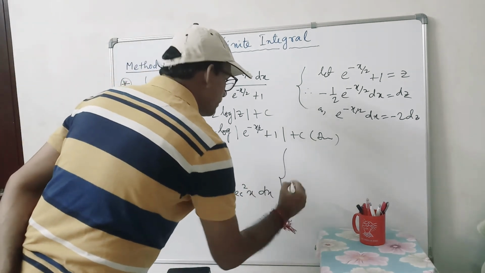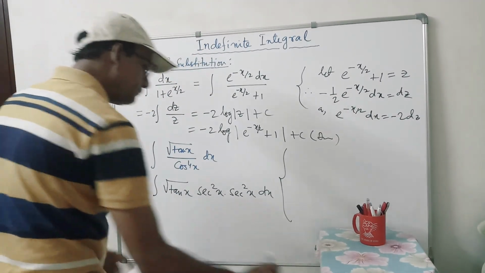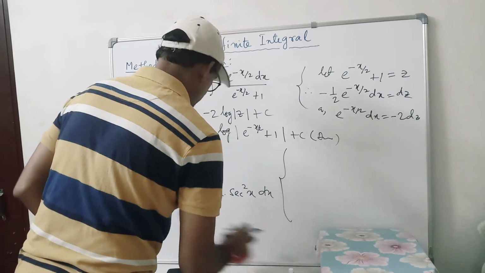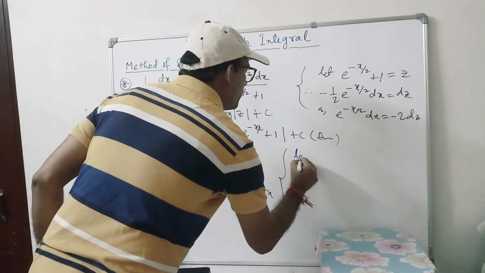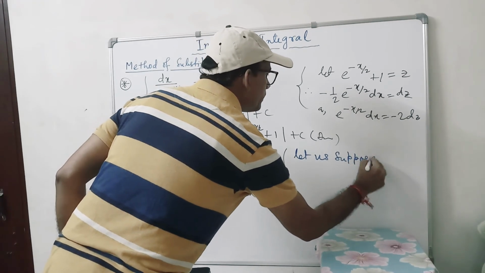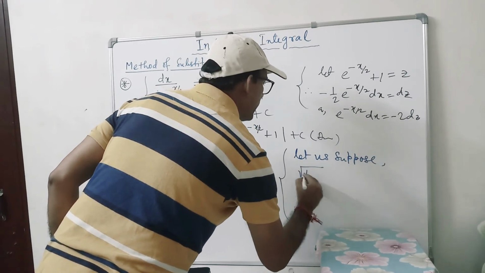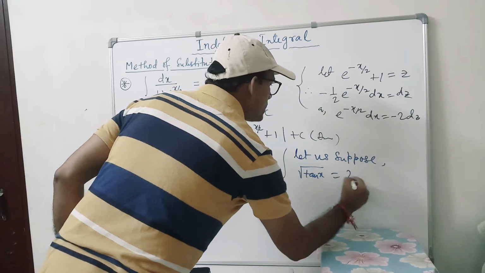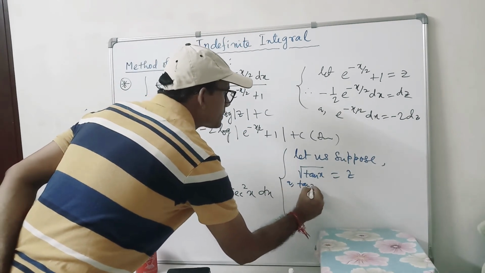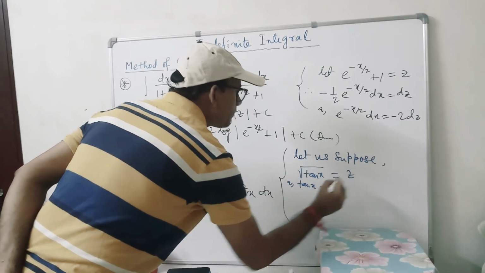So let us suppose root tan x equals z, or tan x equals z square.